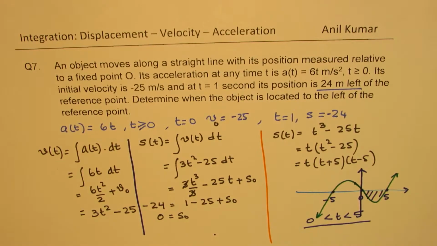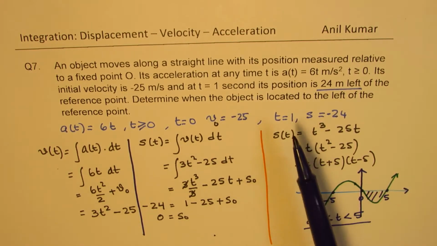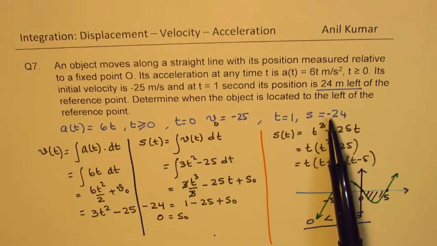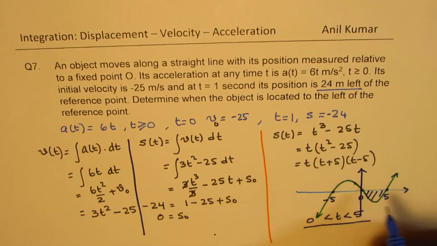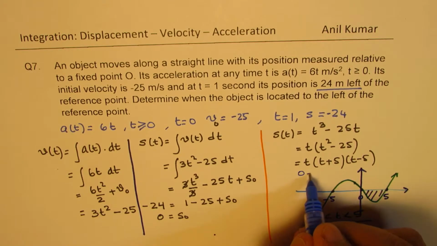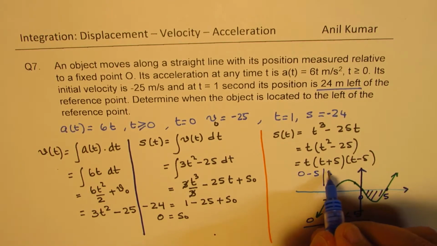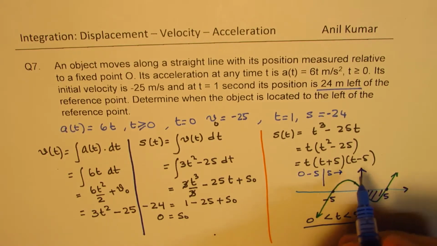You could do it like this, or you could also test the intervals, right? This gives you an idea that at 1 it is to the left. That minus 24 indicates that at 1 it is definitely to the left, and it works well with the graph shown here. So I hope that helps. Some of you can also test the intervals between 0 to 5 and then from 5 to a greater number.